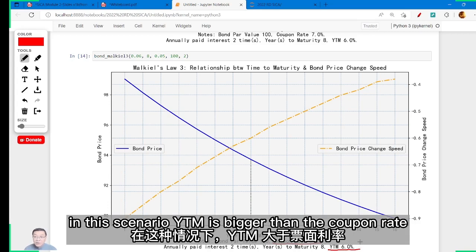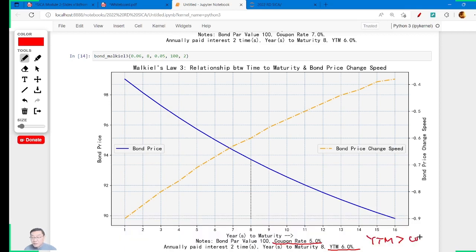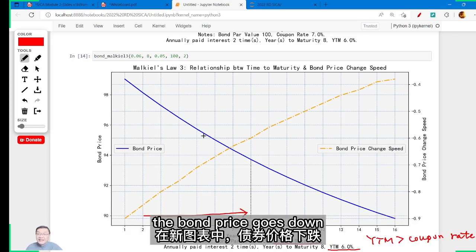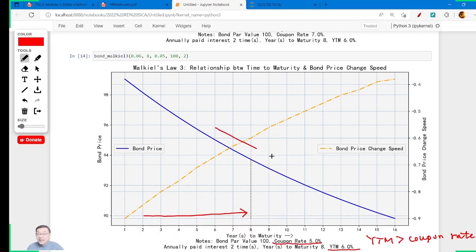In this scenario, YTM is bigger than the coupon rate. And in the new picture, when we have a longer time to maturity, the bond price goes down in a downward trend.